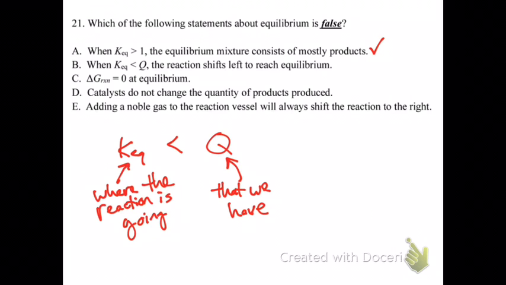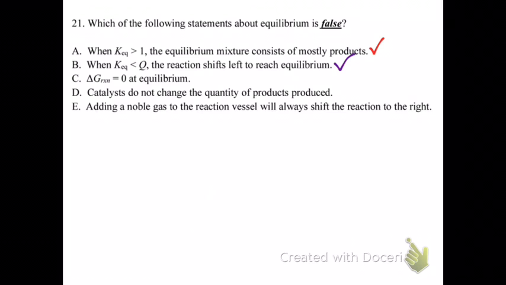If Q is greater than Keq, that means we would need more reactants. We have too many products at this point, so the reaction would have to go to the left in order to make more reactants to get to equilibrium. So statement B, no, I like this too. If K is less than Q, we need more reactants, so the reaction would shift left to reach equilibrium.